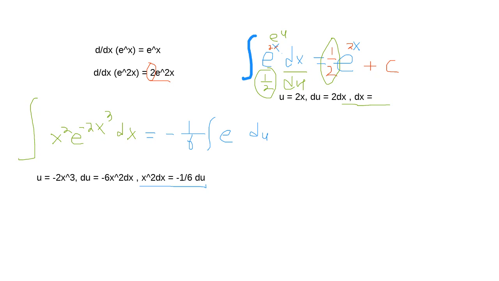So now you see the pattern, right? When we anti-differentiate an e term, we just set the exponent of e to be u. So when we integrate, we get negative 1 over 6 e to the u. Well, u is negative 2x cubed, plus c.